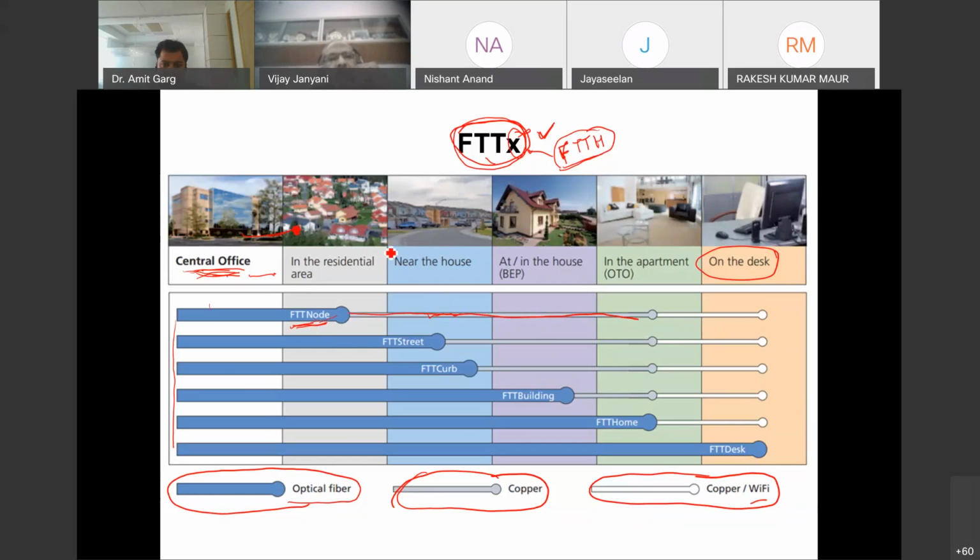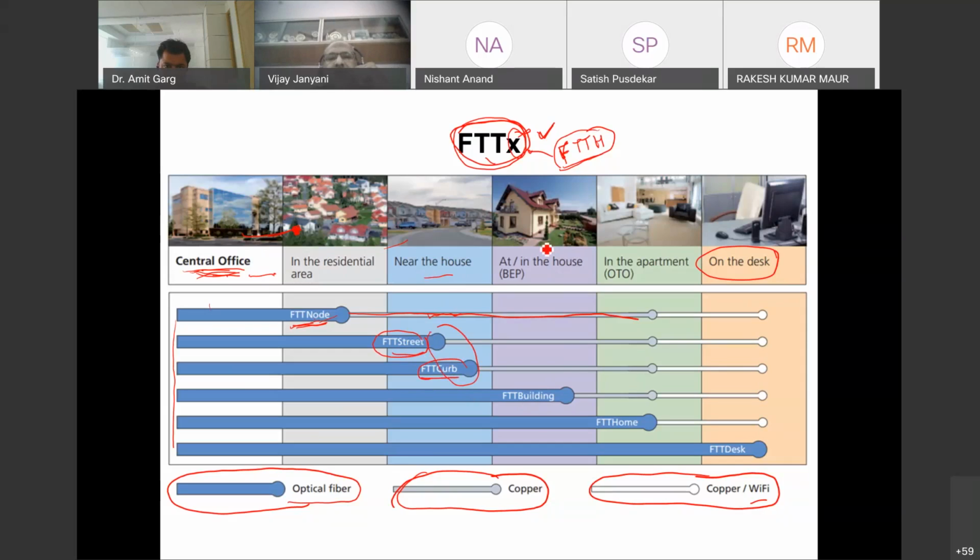If it is coming more near to your house, maybe some 100 houses are there, and there is a common fiber drop there, then you can call it FTTS, that is fiber to the street. Then FTTC, fiber to the curb. They have almost similar meaning. Then fiber to the building.